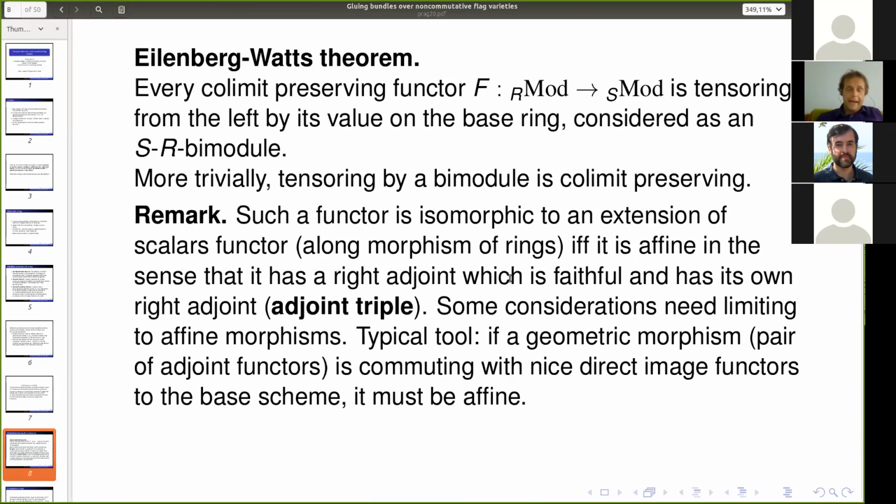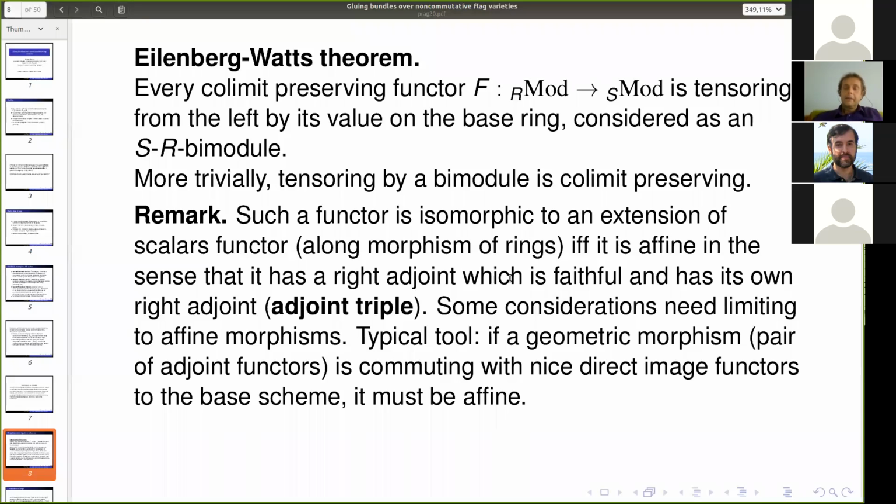Let me also remind you of one thing in background, which is very important for how we view these things. There is the so-called Eilenberg-Watts theorem from 1960, which says that colimit preserving additive functors among the categories of modules over rings are nothing else than tensoring with S over R, the extension of scalars functors.